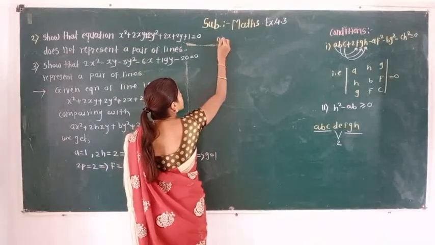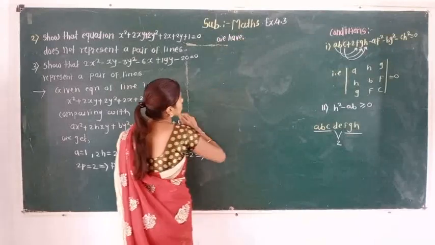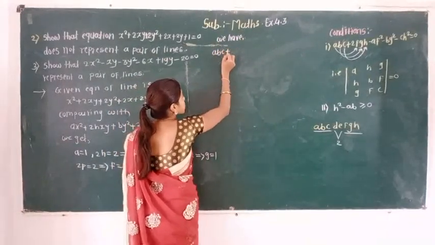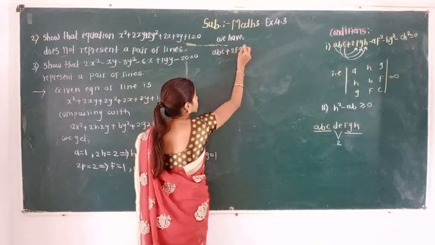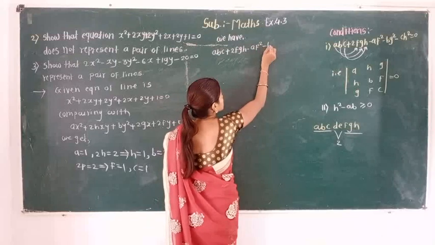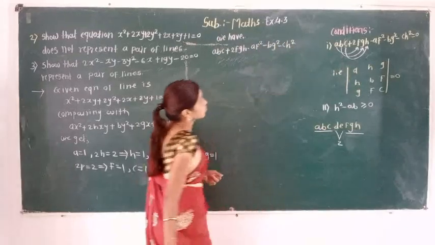Now we take the first condition: abc plus 2fgh minus af square minus bg square minus ch square.